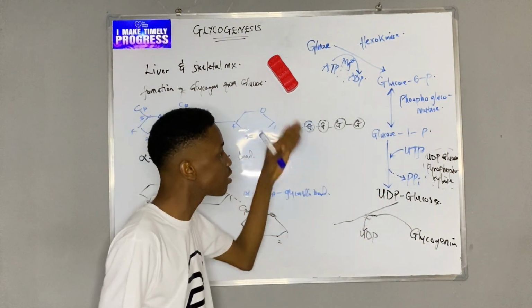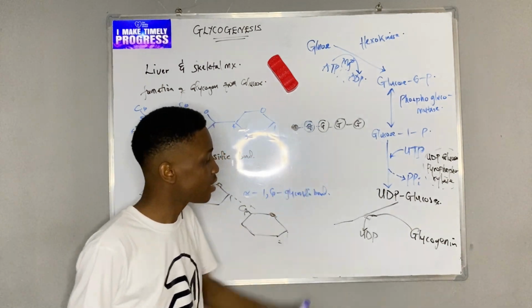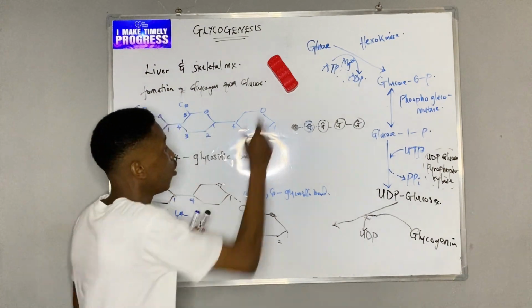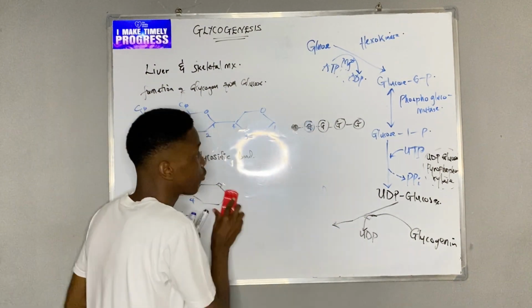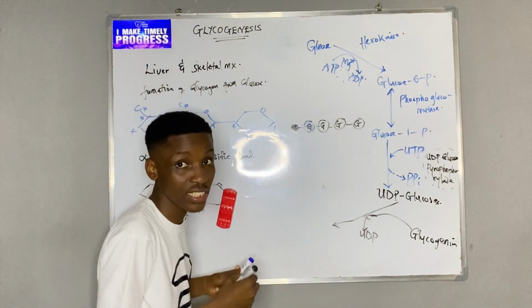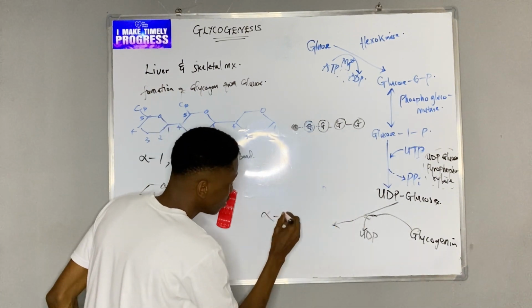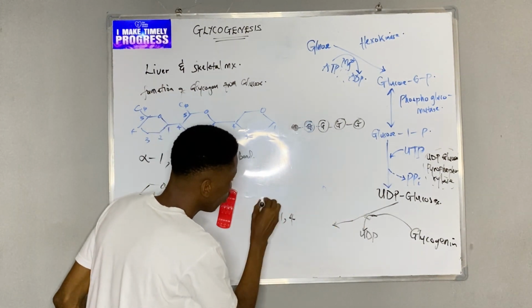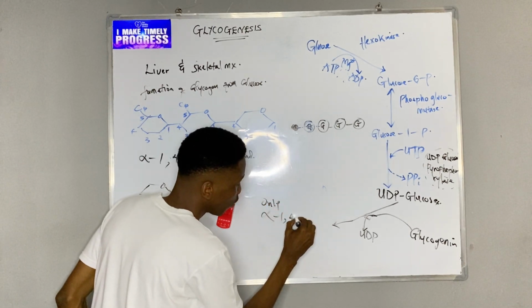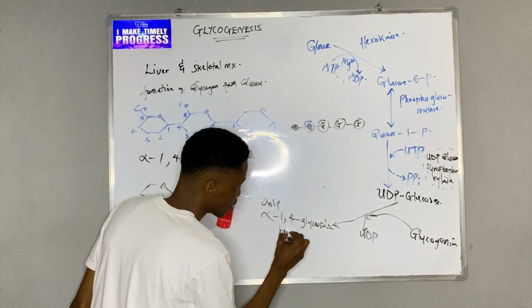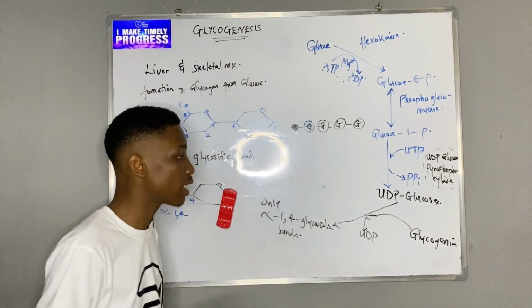And I'll keep getting glucose, and then you realize what this will form ultimately. From what you saw, I'm showing you straight chains. So what it will form will be a glycogen molecule that has only 1,4 glycosidic bonds.